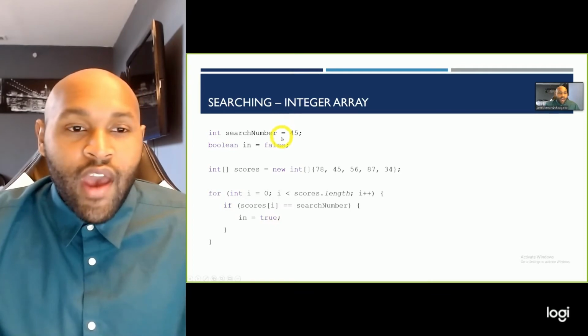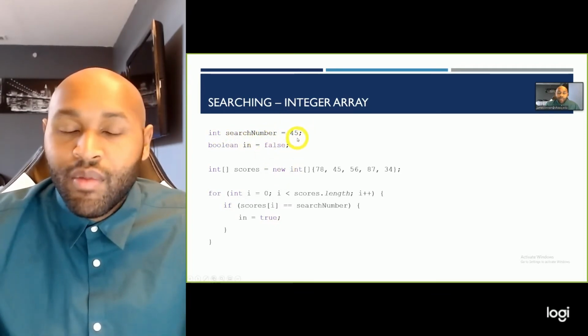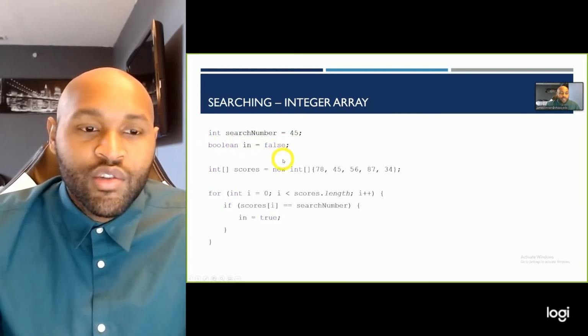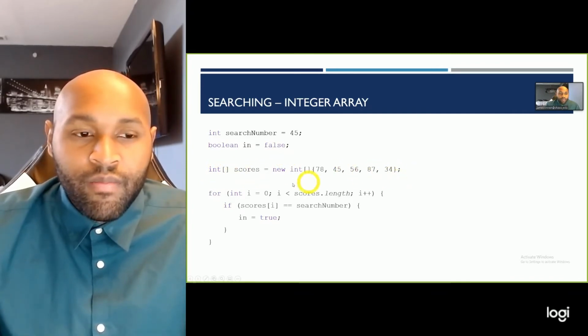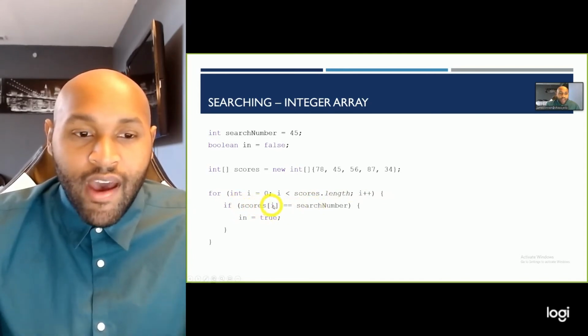So if we have an array, int search number equals 45, and we're looking for this number, 45, we need a boolean n equals false. We create our array right here, then we loop through our array and just check to see if the value at index i equals our search number.